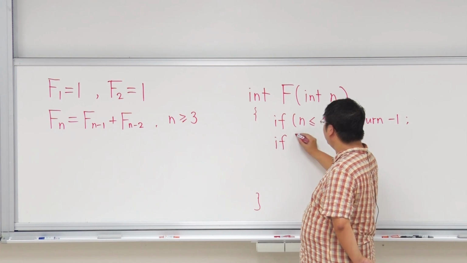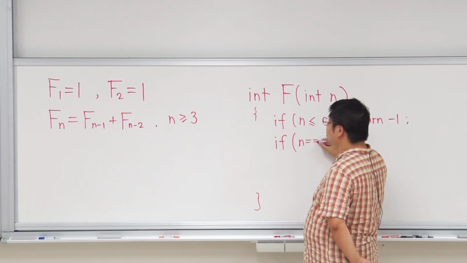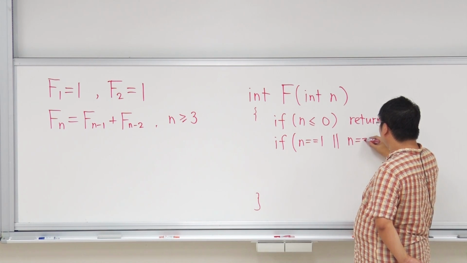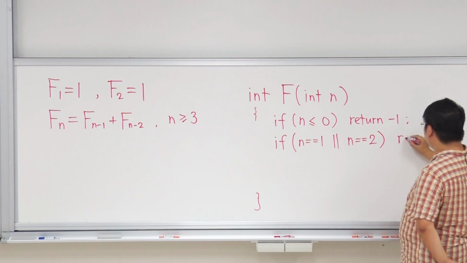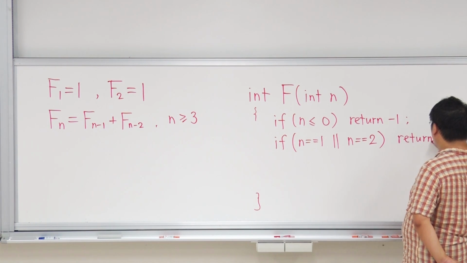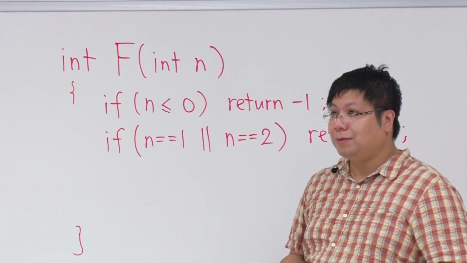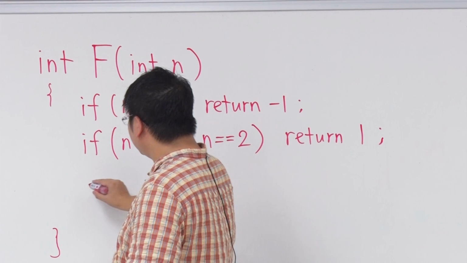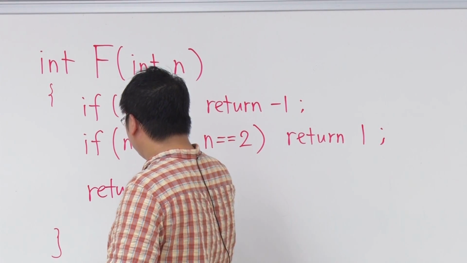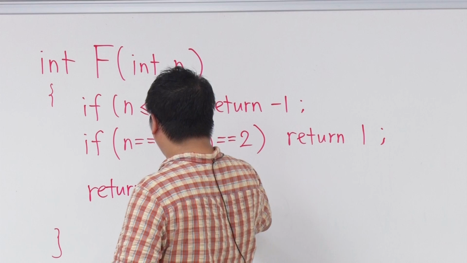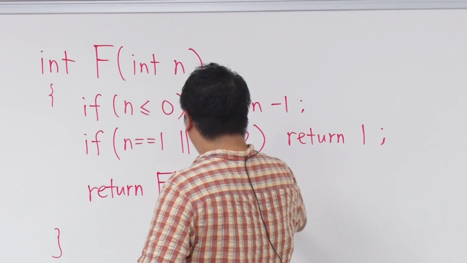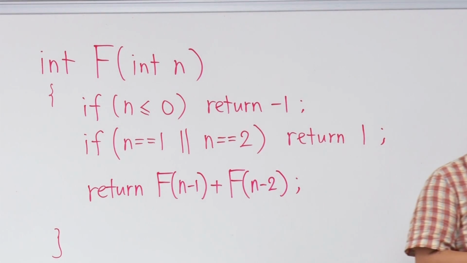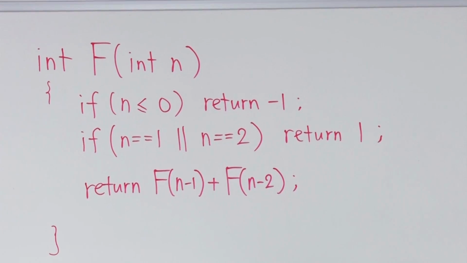Then if n is equal to 1 or n is equal to 2, then I will just return 1. If it is not these two cases, so we will not go across this return statement, then I will just return f(n-1) plus f(n-2). Okay? So I'm going to write a program like this.